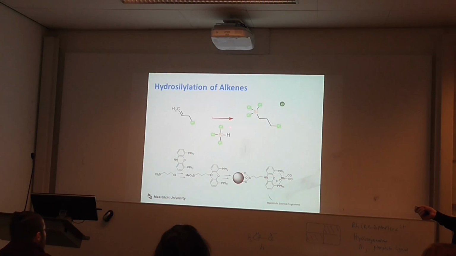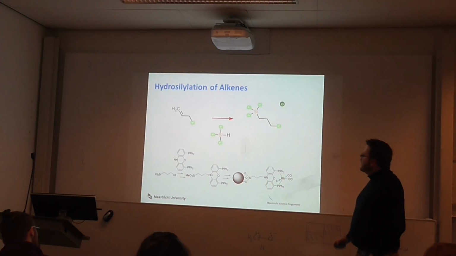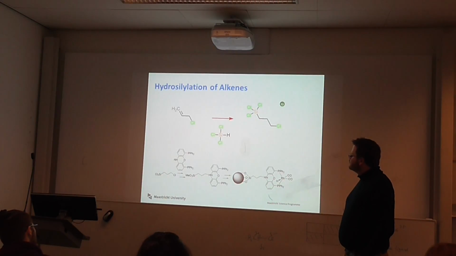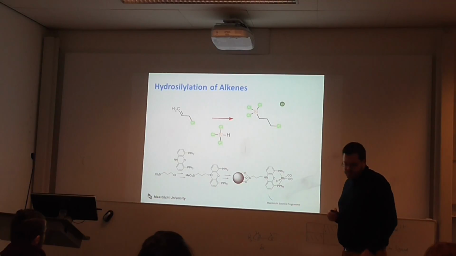This is an example of, we call this trichlorosilane, undergoing a hydrosilylation over this. This is incidentally allyl chloride, right? Allyl chloride. And you form this trichloro species here. Why is hydrosilylation important?